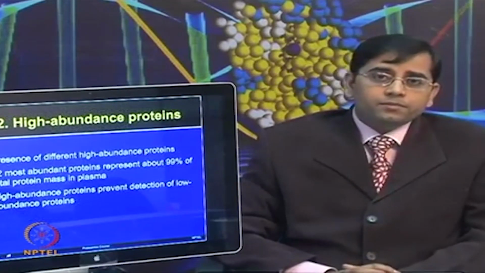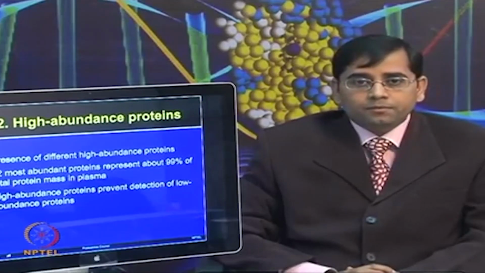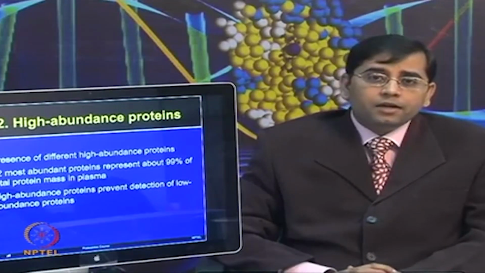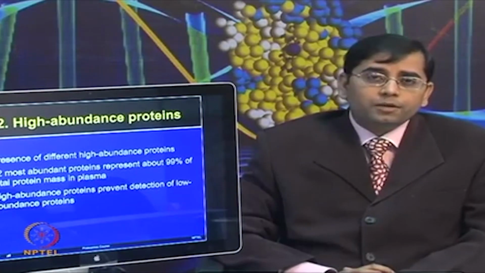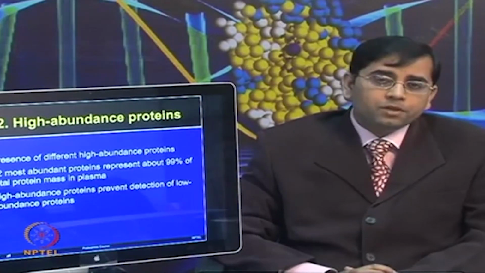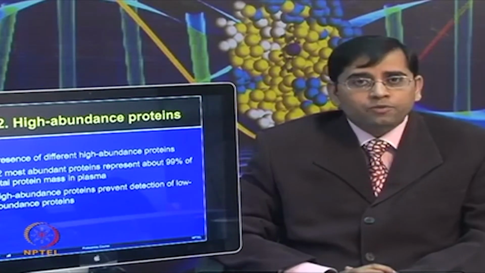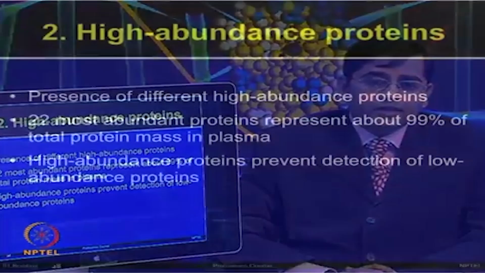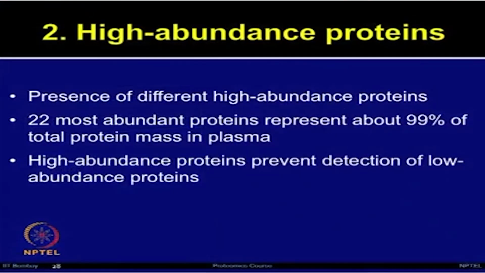So, second point, the high abundance proteins. There are different highly abundant proteins present in serum and plasma, which make its analysis very complicated. There are almost 22 highly abundant proteins present in serum, which represent about 99% of the total protein mass of serum or plasma.